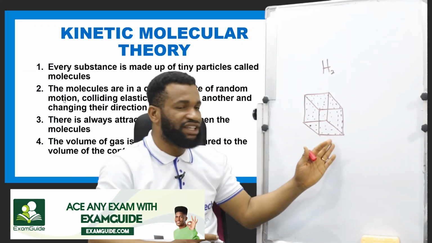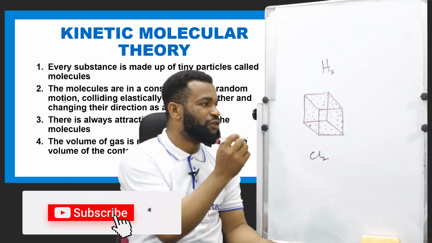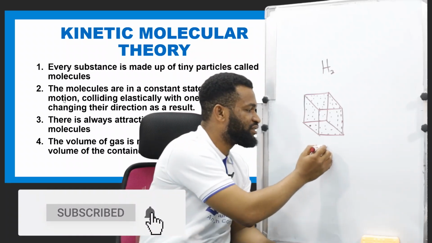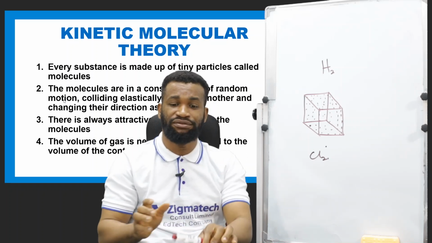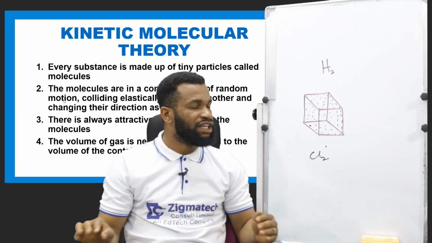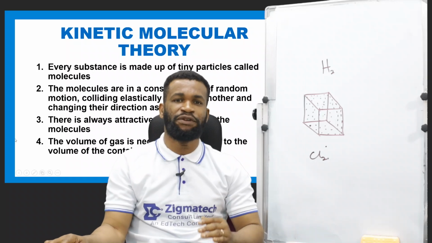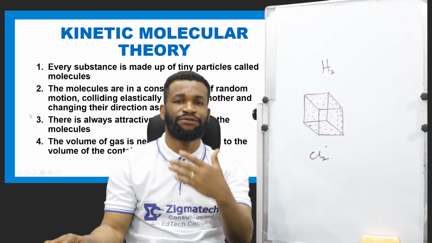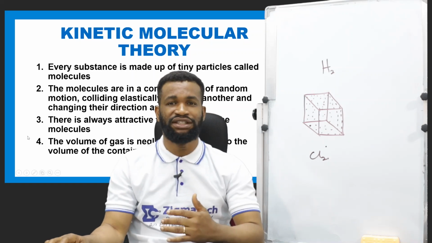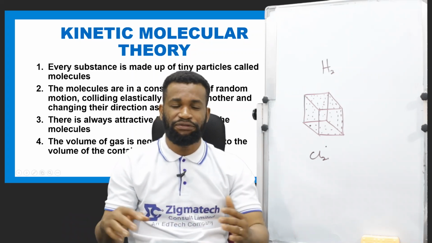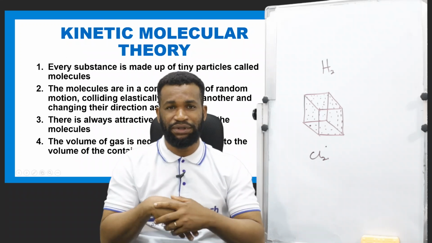If it is in solid state, the vibration is constant, just an up and down motion at that point. If it is in liquid form, the vibration is not as fast as that of a solid. And when it gets to gaseous form, the vibration is way more rapid.